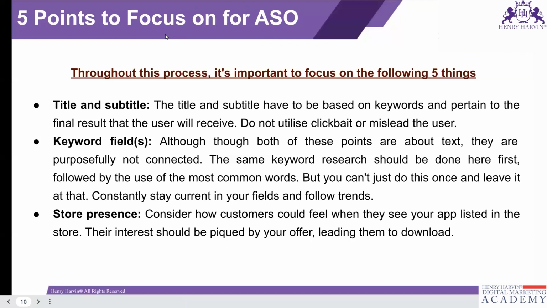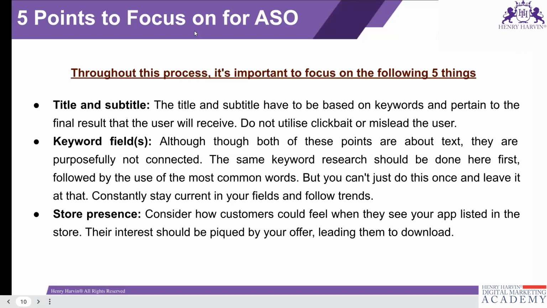So the first point that you should focus on while doing app store optimization is title and subtitle. What is the name of your application? It should be easy and short. Why? Because if the name of Astrotalk would be something else, then definitely it would be hard for people to understand what that is.